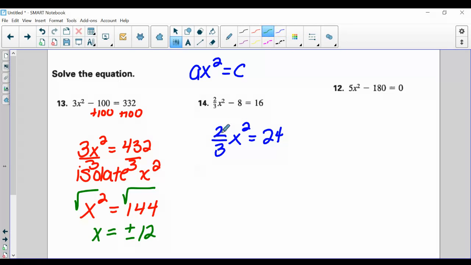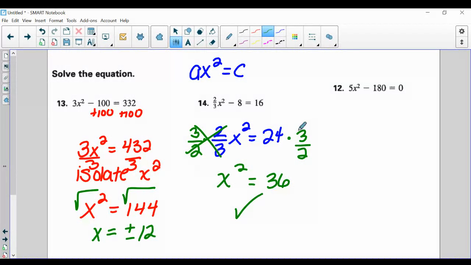In order to isolate x squared, we're going to multiply by the reciprocal on both sides. This will cancel out and just be 1x squared. And on the right-hand side, we will have 36. And then from there, you know what to do.